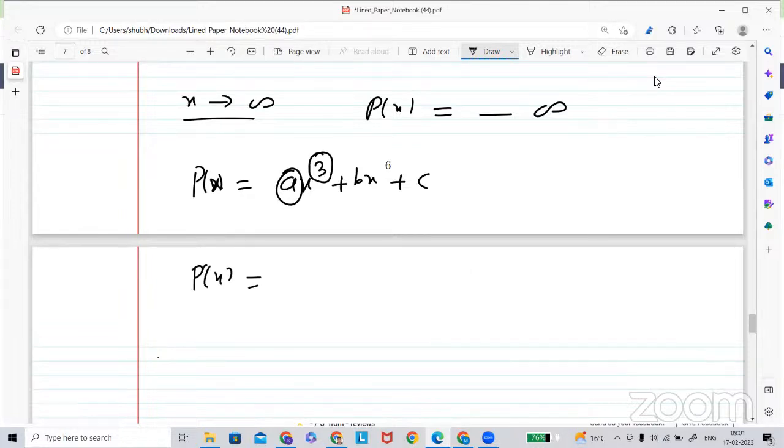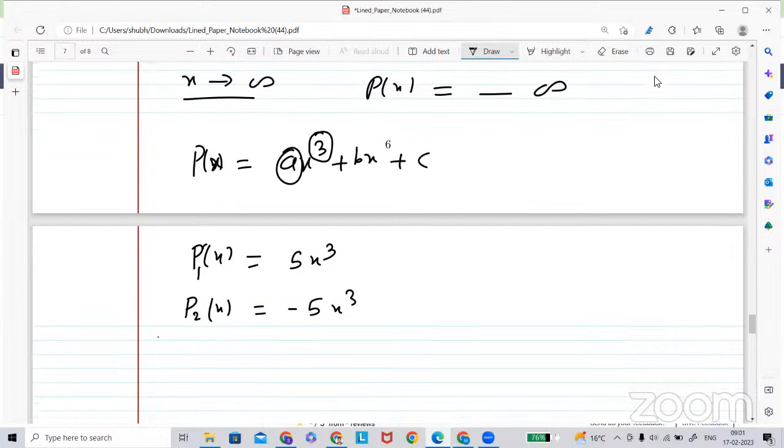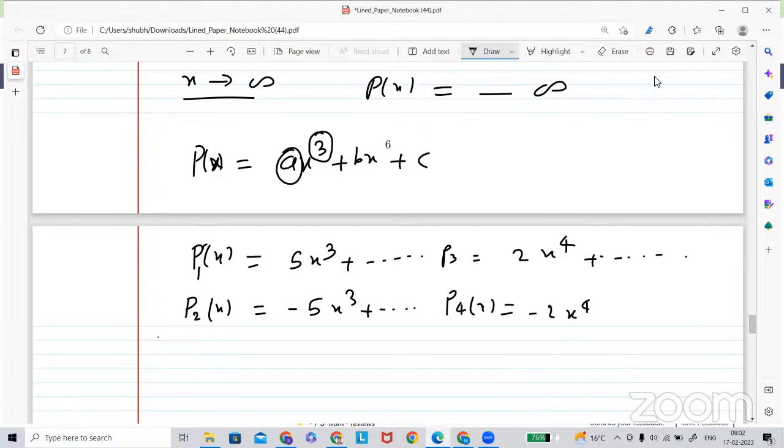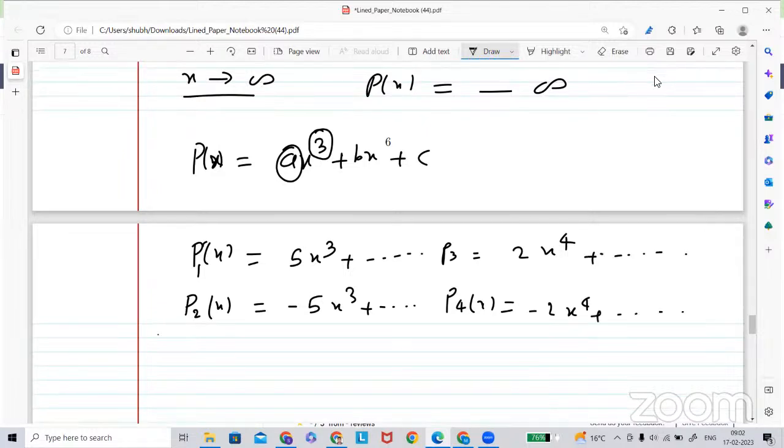Suppose you have a polynomial, this 5x cube, and this is p1, and p2 is, let's say, minus 5x cube again, and p3 is 2x to the power 4, and the p4 polynomial is minus 2x to the power 4, and other terms are there, but we don't want them.